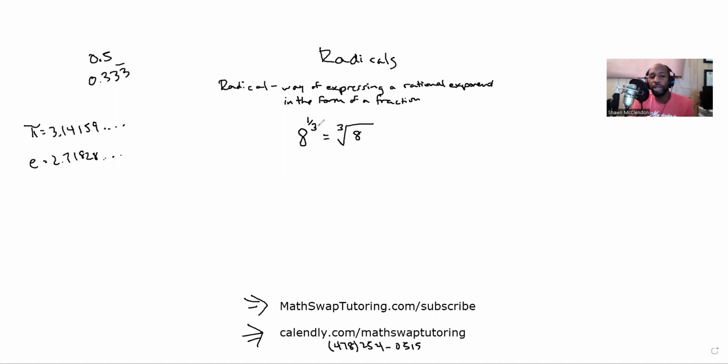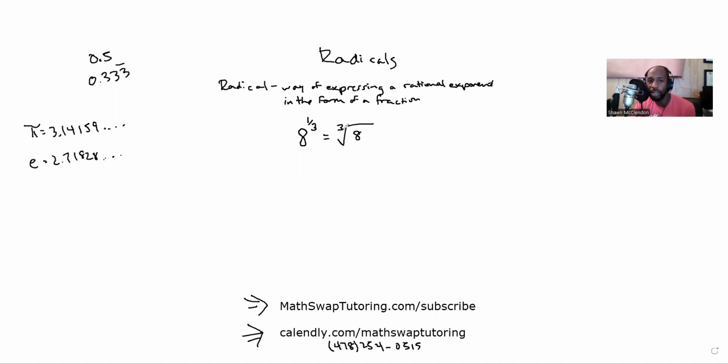So 8 to the 1/3 power is otherwise known as the cube root of 8, the third root of 8. It's 8 to the first power that you're taking the third root of.